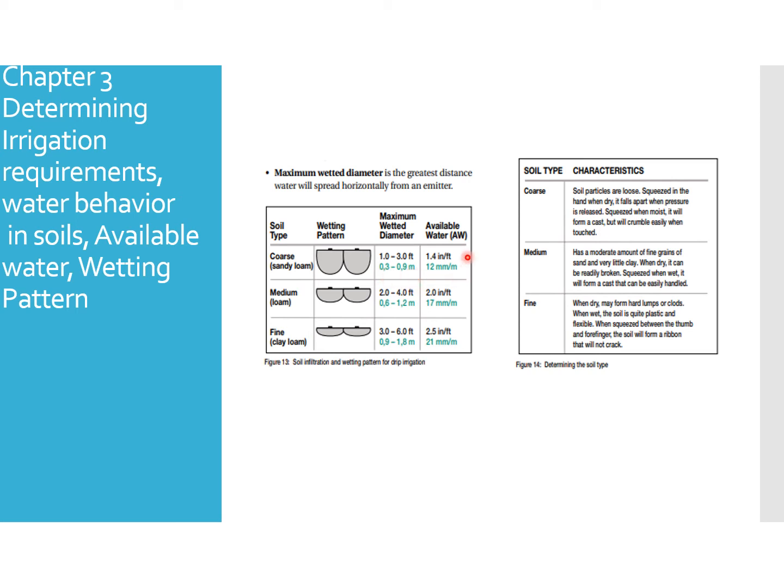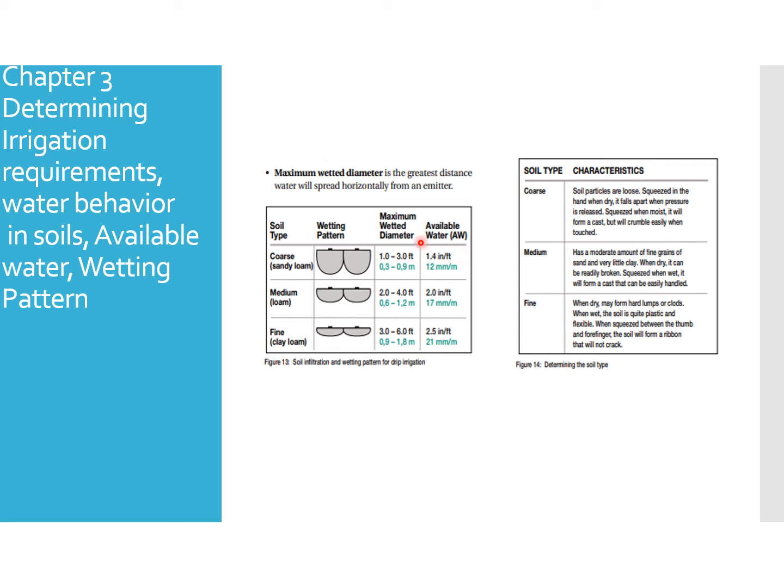And the available water for coarse sandy loam soil is 1.4 inches per foot. And so what does that mean? What that means is imagine a column of soil that's 12 inches deep. In that 12 inches of soil, there's 1.4 inches of water that's available for plants to use that isn't being too tightly held.